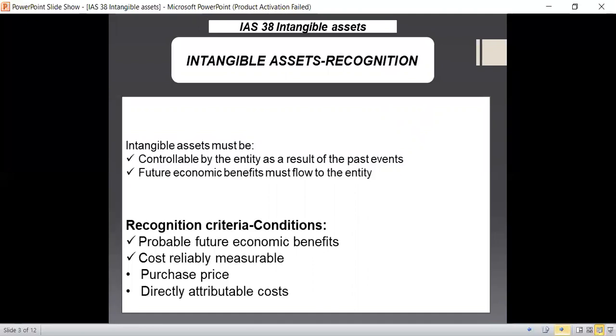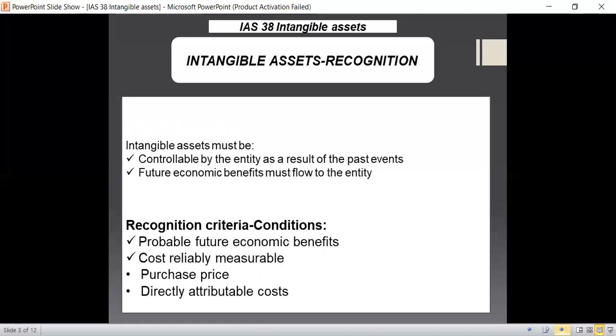Intangible assets can be recognized by the entity in the financial statements if the following two conditions are being met. This is the recognition criteria of intangible assets in our books of accounts. IAS 38 says that if these two criteria are being met, only then can we recognize the intangible assets in our books of accounts, otherwise not.